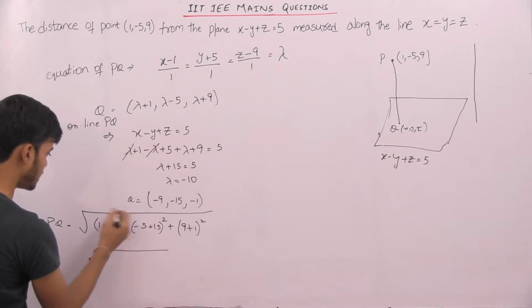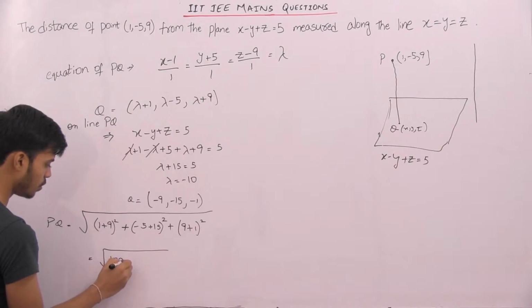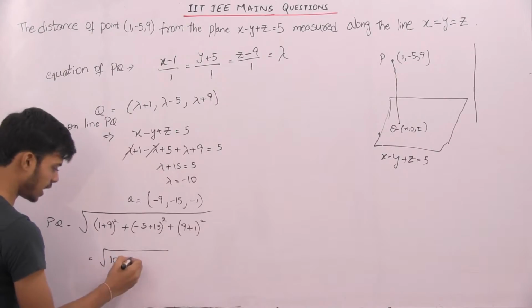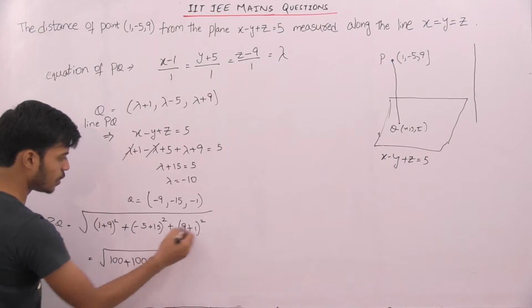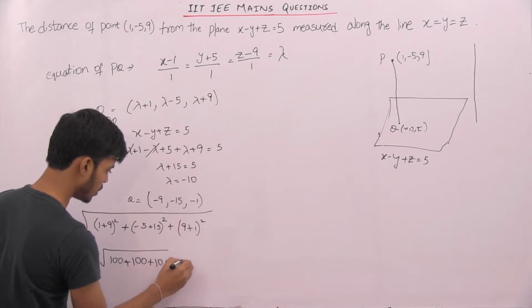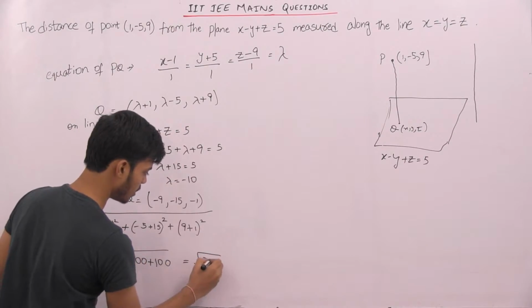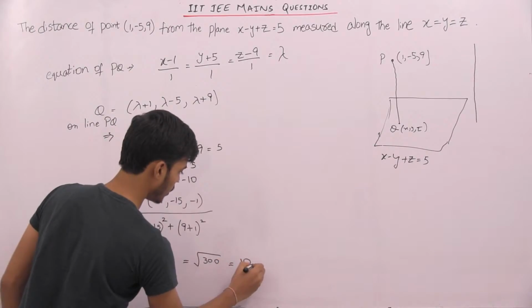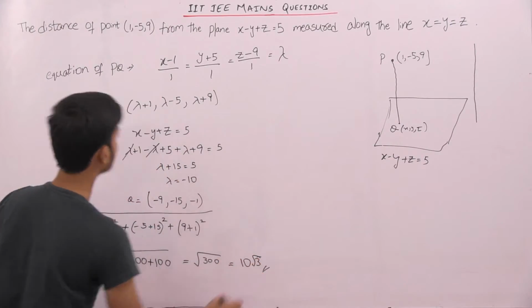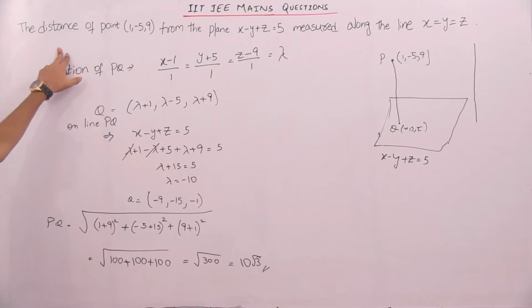So 1 plus 9 is 10, 10 squared is 100, minus 5 plus 15 is 10, again 100, 9 plus 1 is 10, once again 100. So we have root 300, which is nothing but 10 root 3. So this is the answer. This is the distance between the points P and Q.